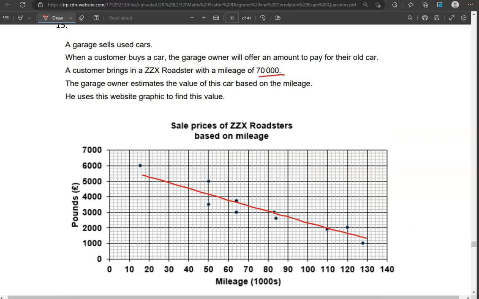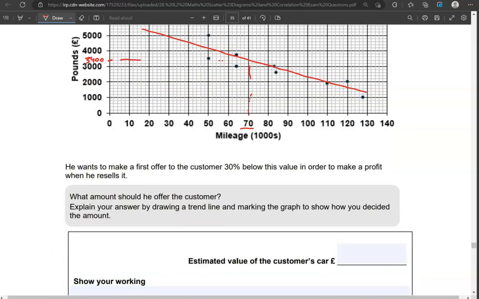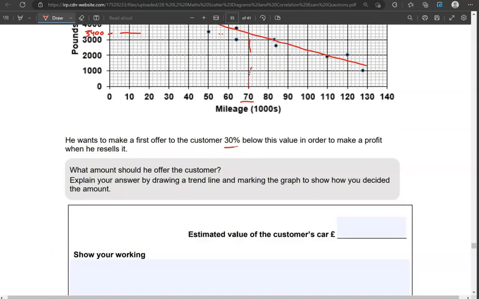So 70,000 miles. That is 3,400. We're going to take away 30% of it.